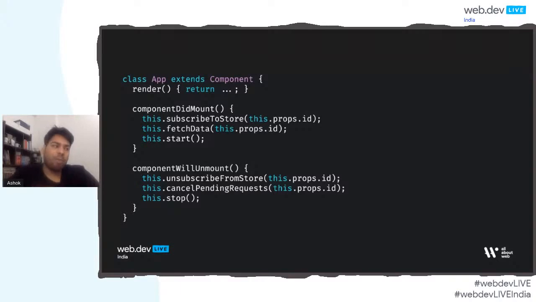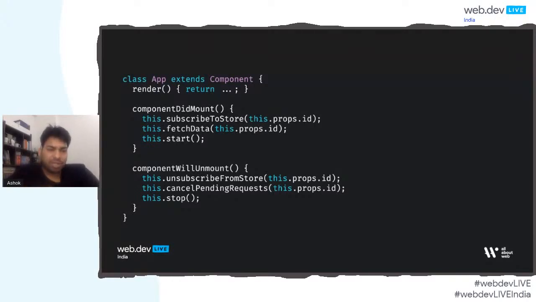This gets fired when your component is leaving your view, I mean, it's being removed completely from your current page. Inside that, I'm doing exactly the same things, but the opposite of what I was doing in componentDidMount.